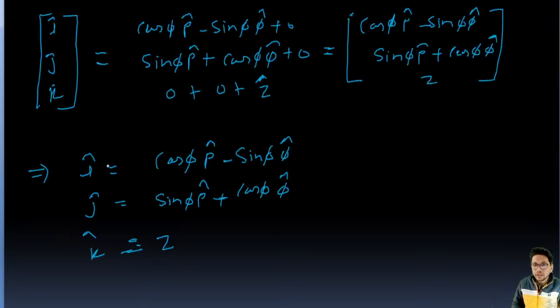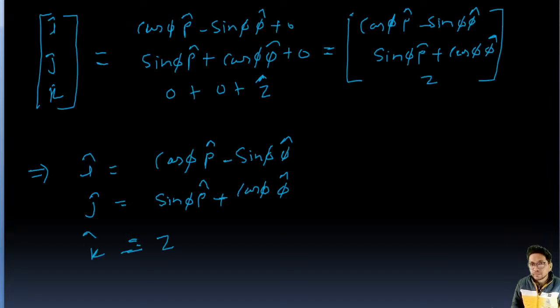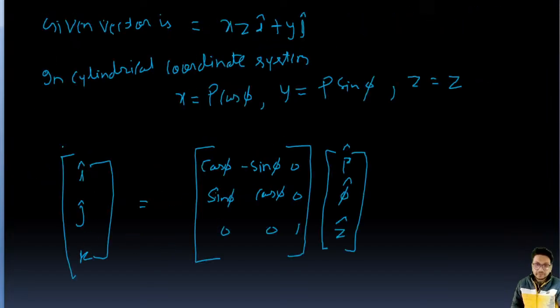Now we know the values of I, j, k, right? So we'll write the vector. The vector is x z I cap plus y j cap. So we'll put the values here, simple.